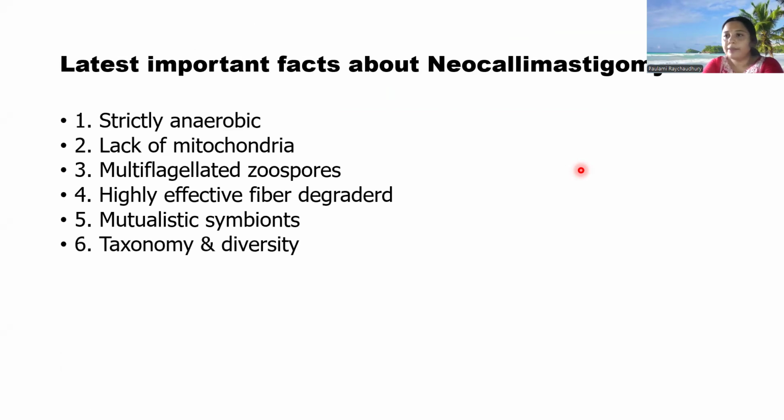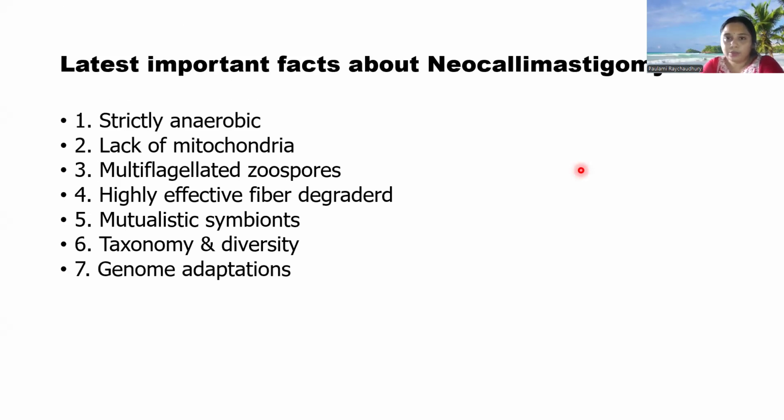Their taxonomy and diversity: they are under the phylum Neocallimastigomycota, which includes one class, Neocallimastigomycetes, and families Neocallimastigaceae and Caecomycetaceae, etc. Genera are Neocallimastix, Piromyces, Anaeromyces, and Orpinomyces.